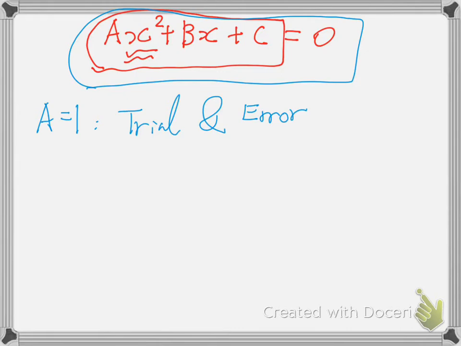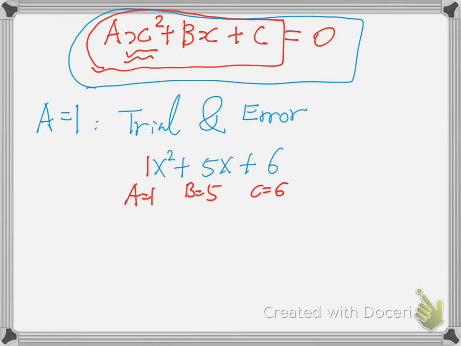So let's look at our example. First example, we want to factor x squared plus 5x plus 6. So the leading coefficient here, a is 1. We have 1x squared. b is 5, c is 6 for this quadratic polynomial.